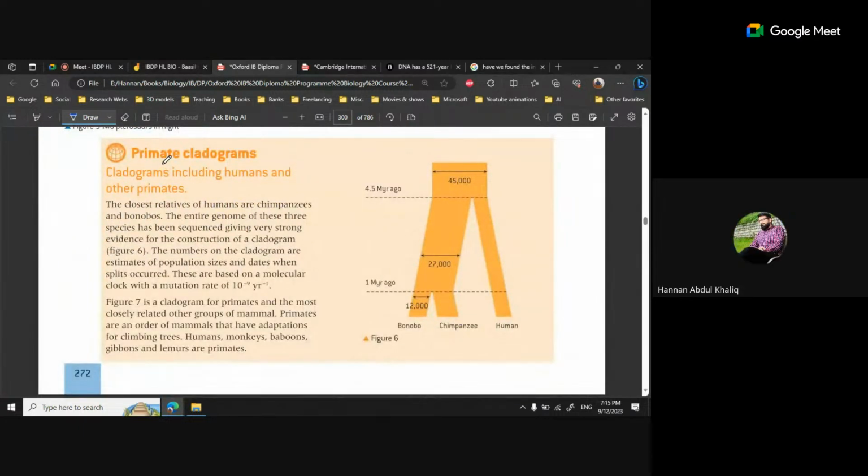The primate cladogram is telling us that the numbers on the cladogram are estimates of the population size. Let's say the bonobo, chimpanzee, and human.